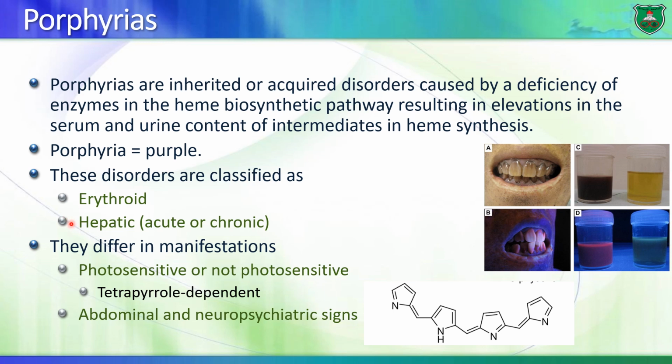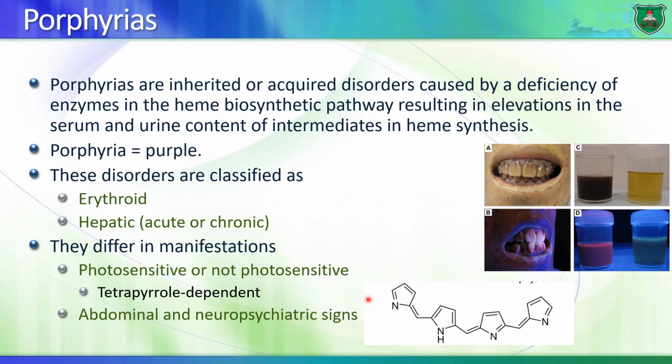Now, these disorders differ in two important manifestations. One of them is photosensitivity. Is the patient photosensitive or not? And that depends on the formation of the tetrapyrrole molecule or intermediate.